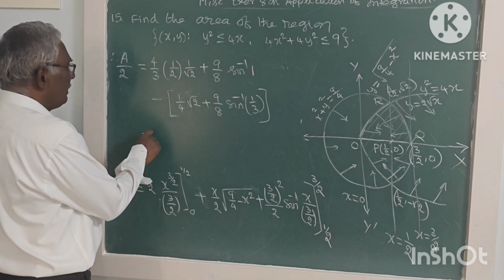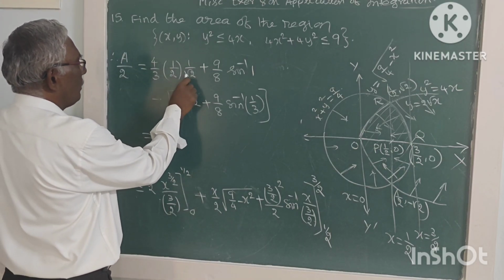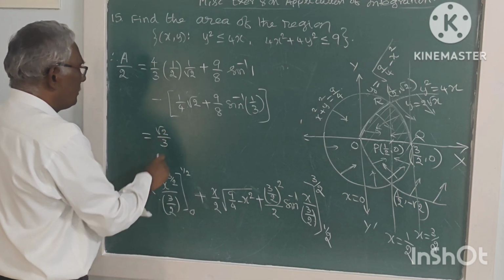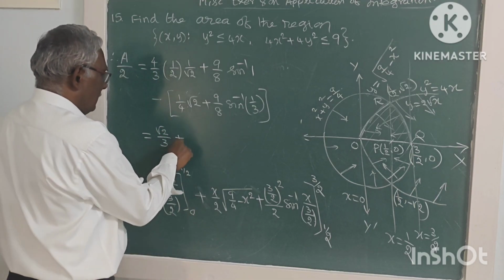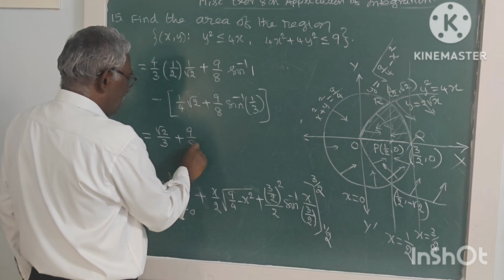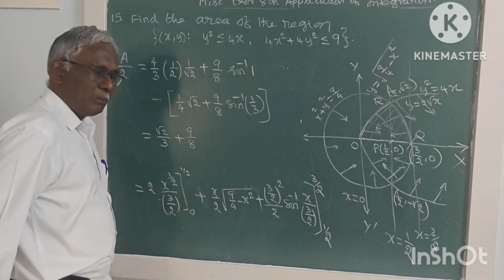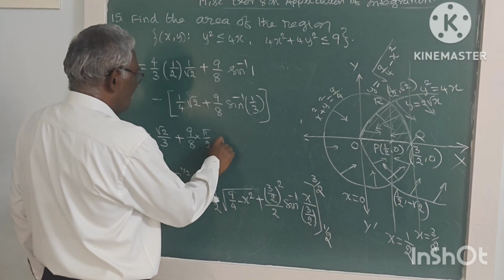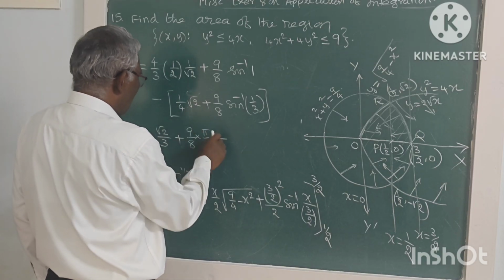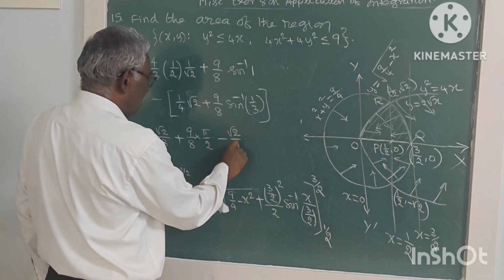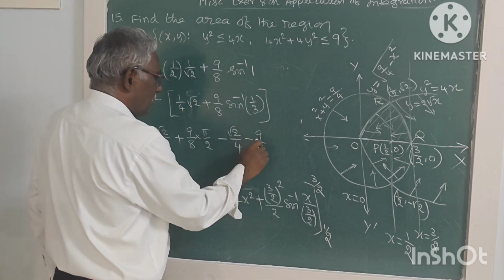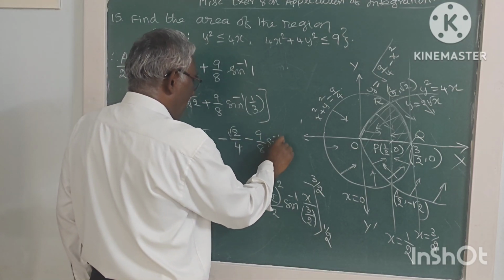So now this is equal to 2 root 2, so root 2 by 3, 9 by 8 times sin inverse 1 is pi by 2, minus root 2 by 4, minus 9 by 8 times sin inverse 1 by 3.